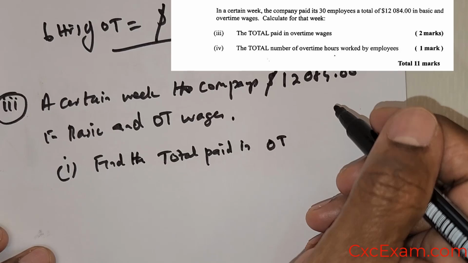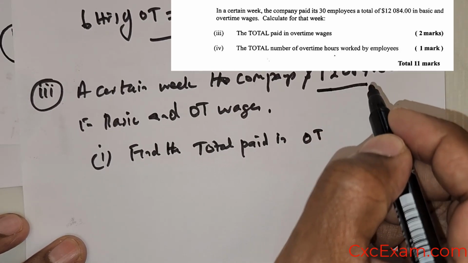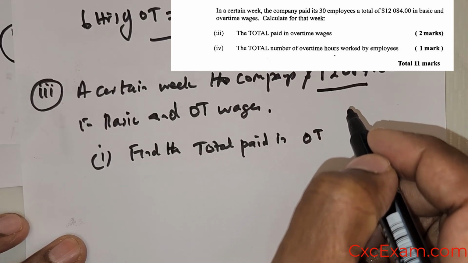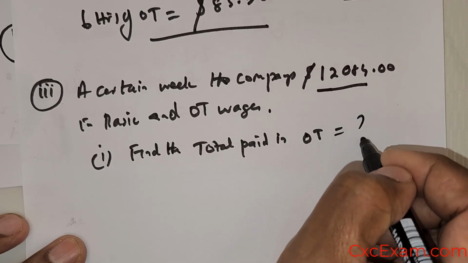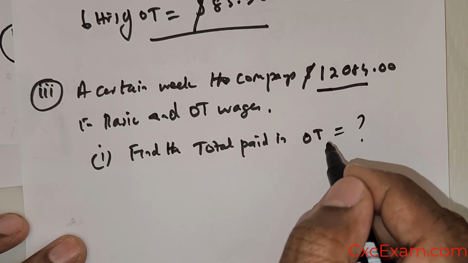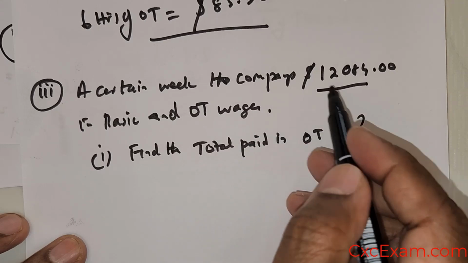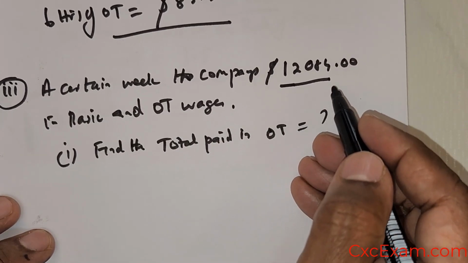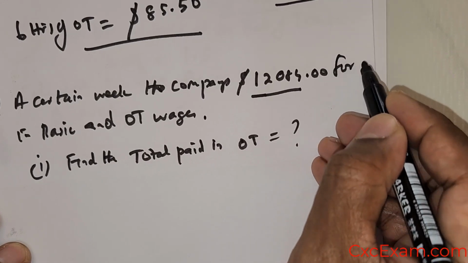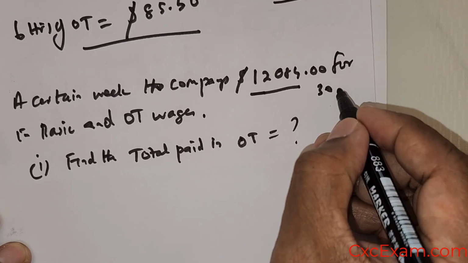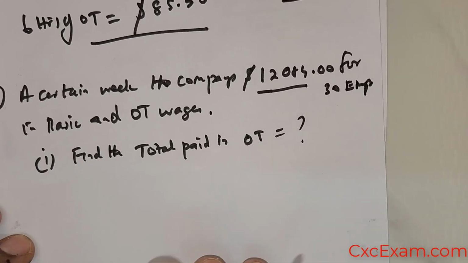How are we going to get that? This is the information that we have been given, and from here we have to extract what the company paid in terms of OT. Now this wage is for 30 employees, that is given.